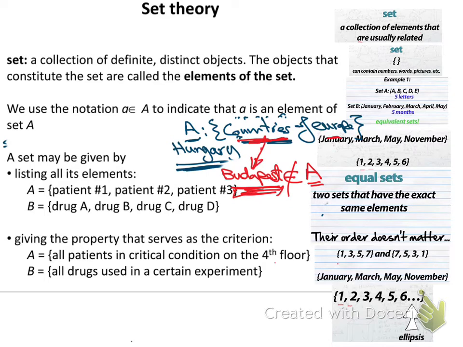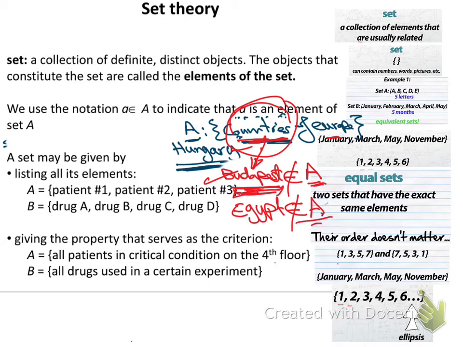So I cannot use it. So we have to be careful. There could be many reasons that something is not an element of the set. It is the capital of Hungary, but here we are talking about countries. We are not talking about the capitals or the cities. If we were talking about cities, then this would be right. It is a city in Europe, but here we are talking about countries. In the example of Egypt, it was a country, but this country is not an element of, or doesn't belong to, A. Okay? So I hope this will be clear.